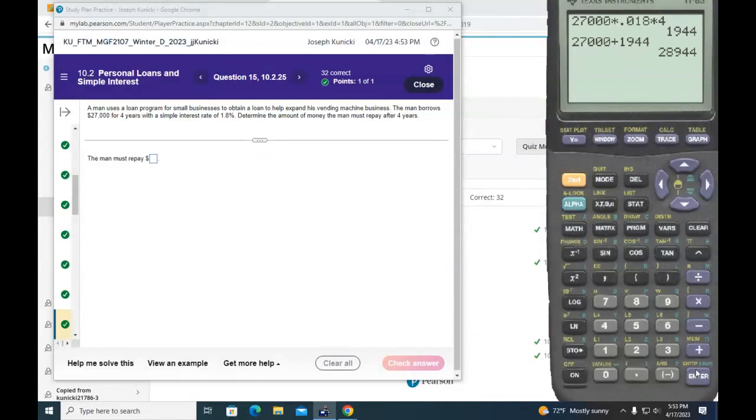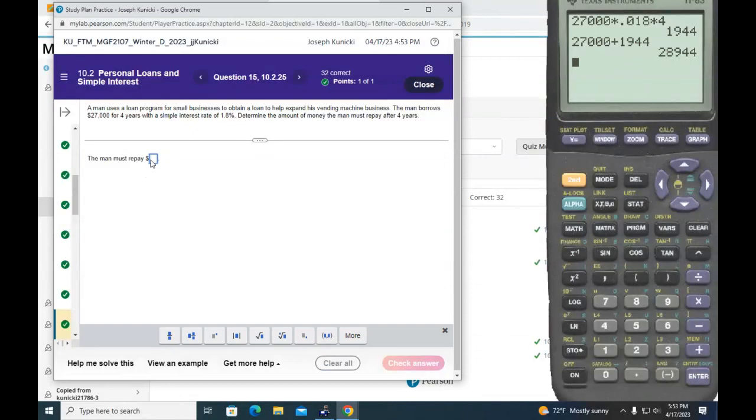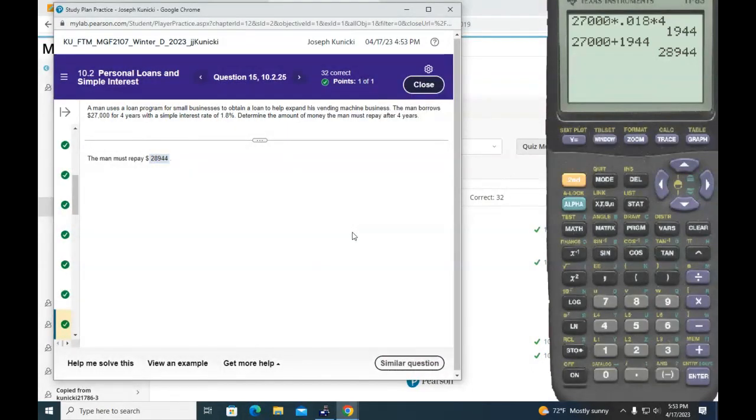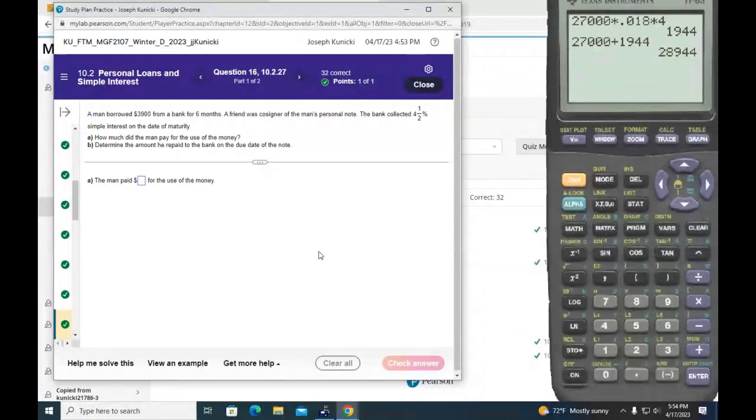He's paying back the future value, the accumulated value. So 28,944. Yeah, most people don't work this way in the modern world, but this is an academic situation, so we'll live with it. Okay.